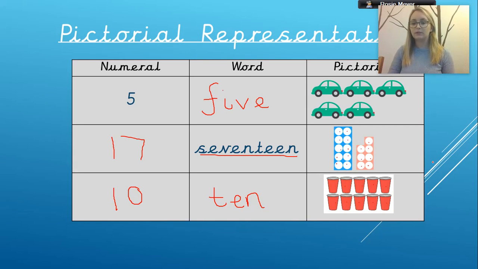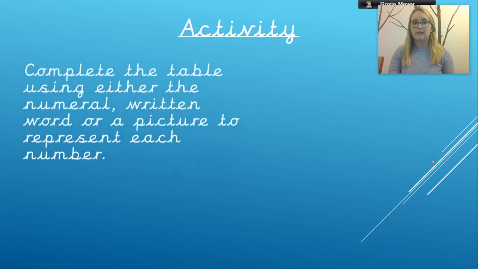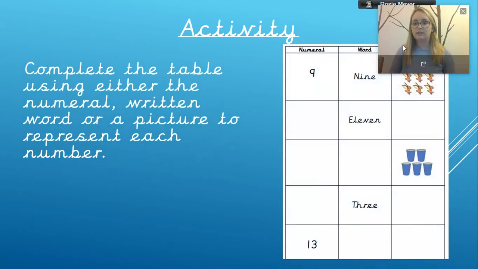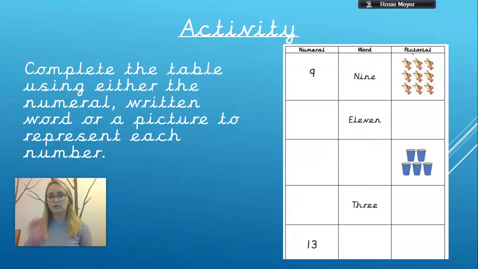So that's what we're going to be doing today. I would like you to go and find the sheet on the class page for your home learning. Make sure you pick the one with the right group on it for you. We're going to complete the table by writing the numeral, the word, and drawing a pictorial example of that number.